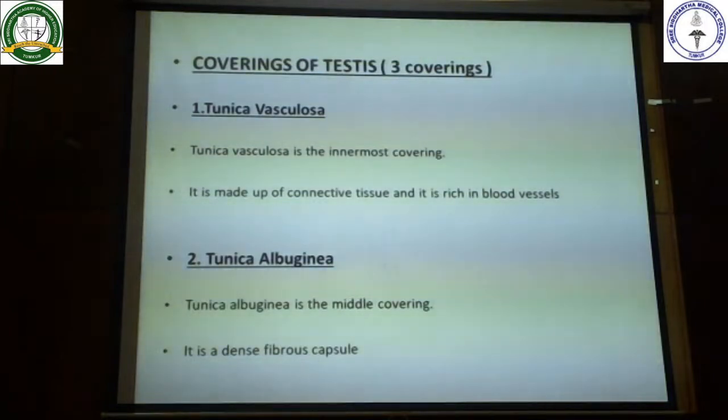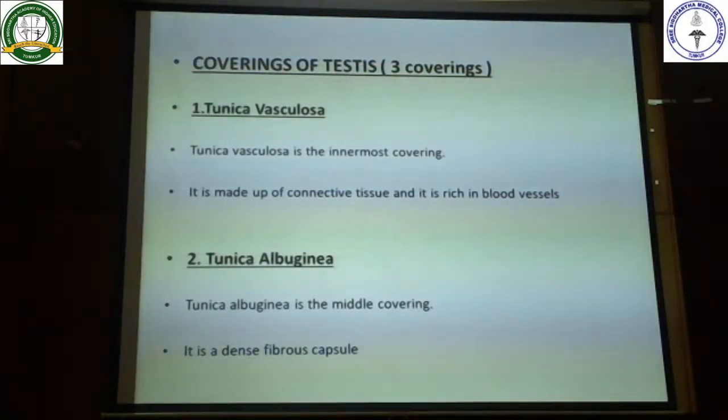So I repeat once again, from inside to outside, you got the three coverings of the testis. First is the innermost tunica vasculosa, second is the tunica albuginea, which is the middle layer, and the outermost layer is tunica vaginalis.